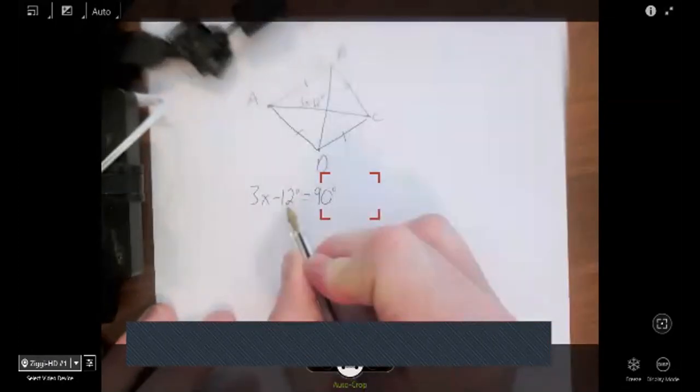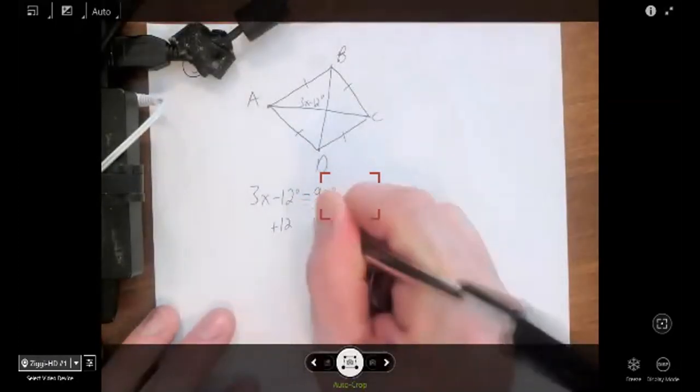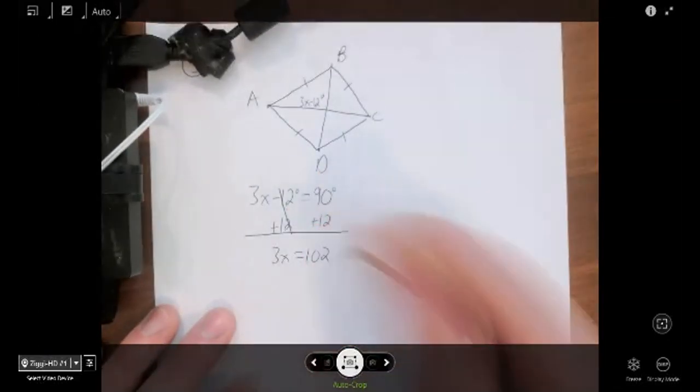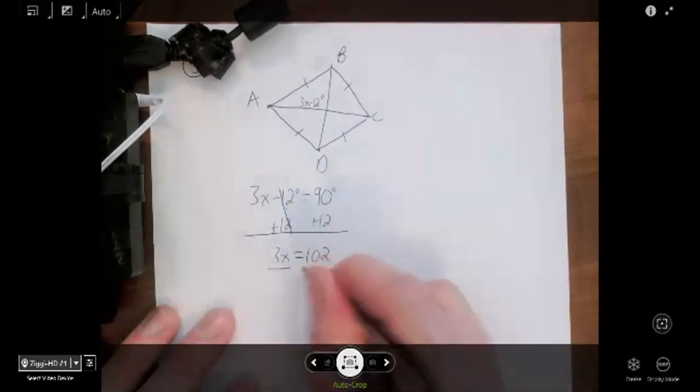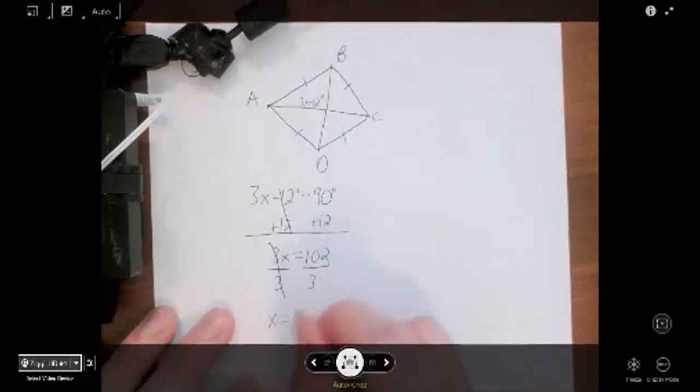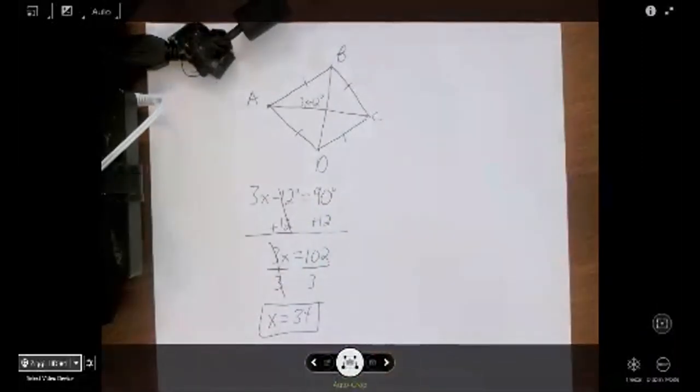So the opposite of subtracting 12 is adding 12 on both sides. So now we've got 3x equals 102. We can divide both sides by 3. 102 divided by 3 is how they end up with an answer of 34 degrees. So that's an example of some more of those algebra problems.